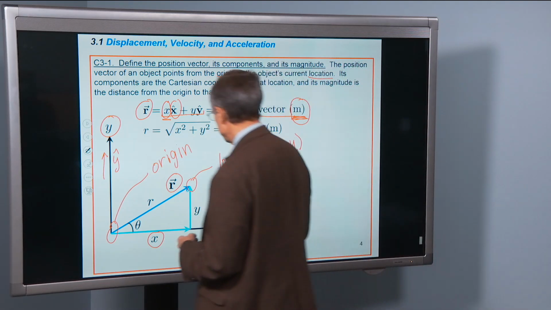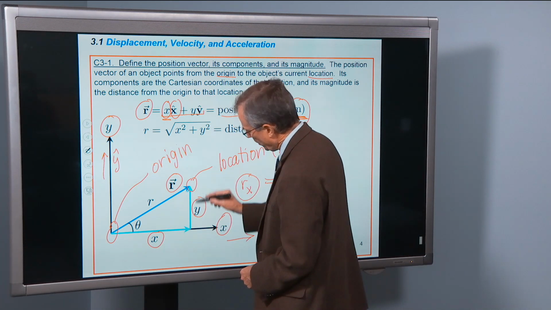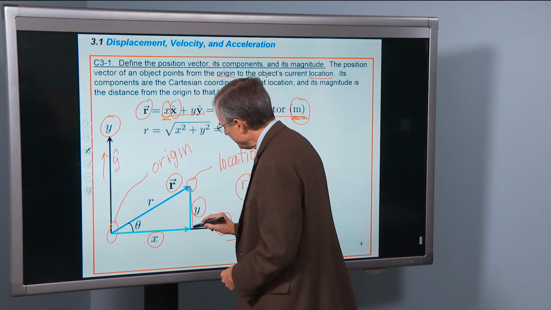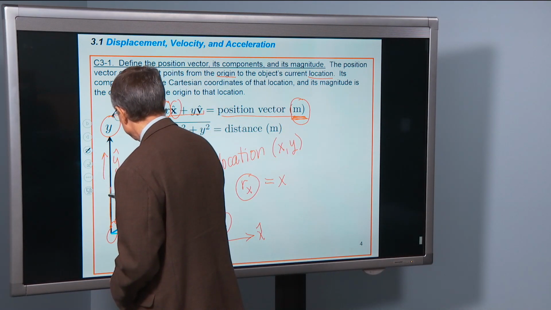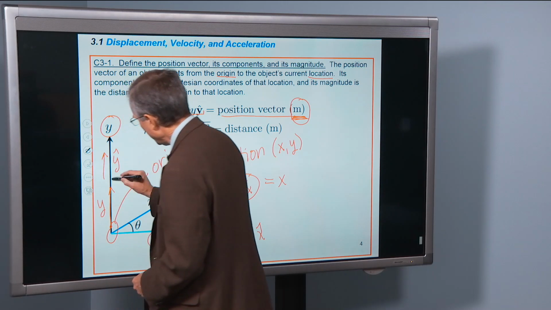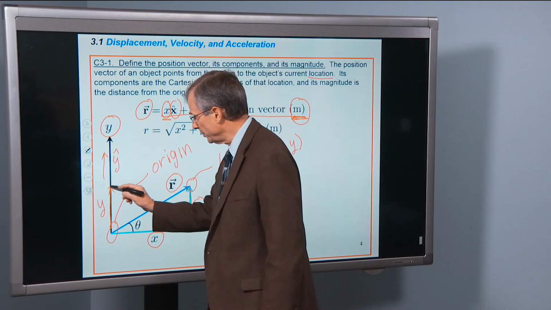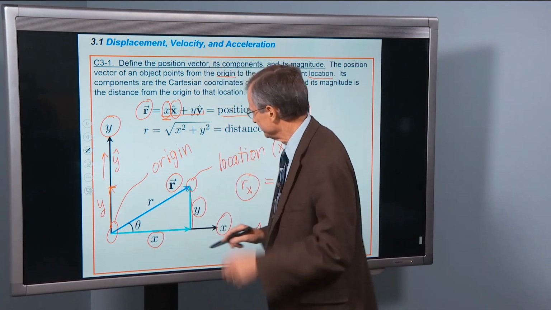The y component is y. Now note here that I've got the y component marked over here, but I can take this same light blue vector and move it over to here and have y be the length of that component, and then it's more clear to you that this component is just the value of y.